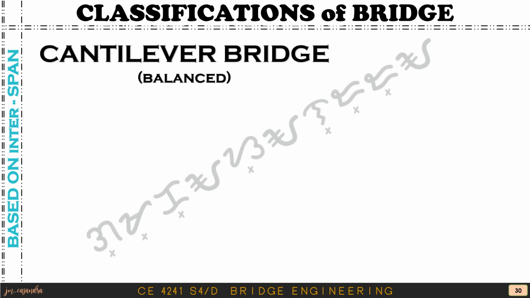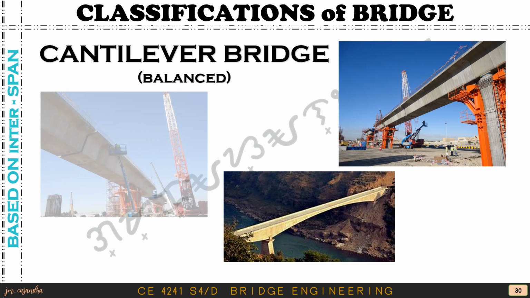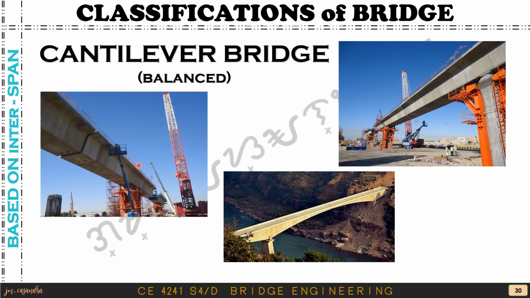So here is an example of a balanced cantilever bridge. As you can see, we have a single support here, and then one arm counteracts or counterbalances the other arm.